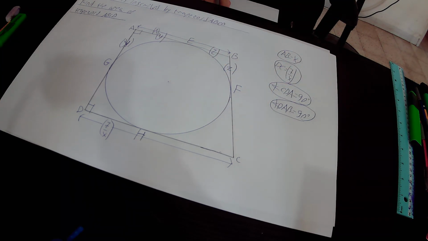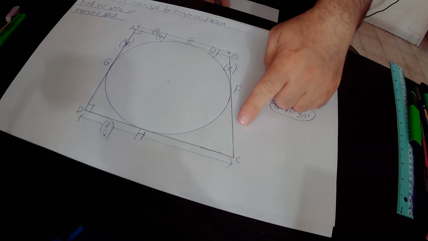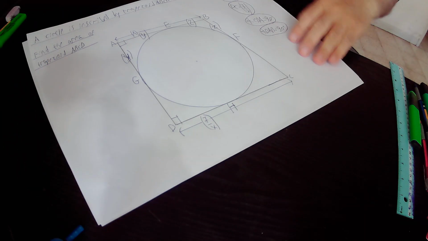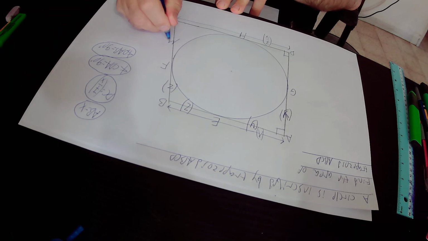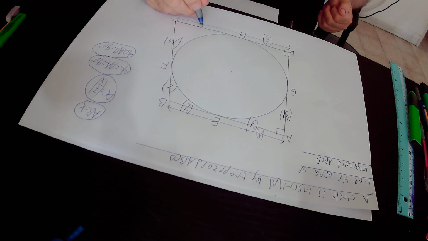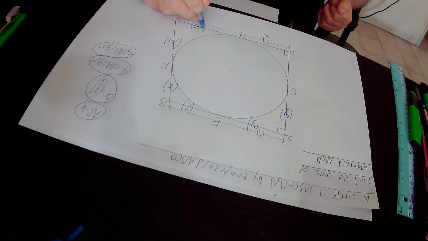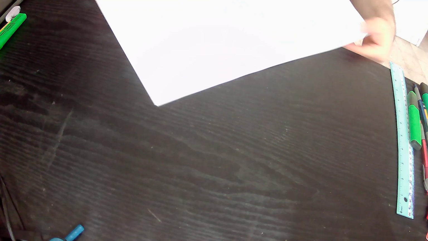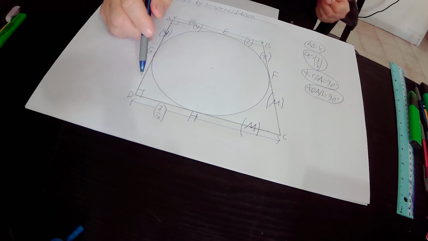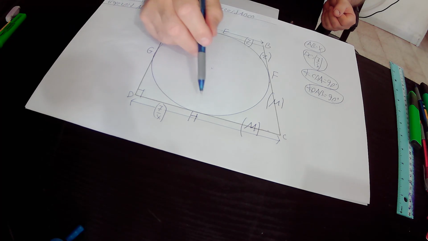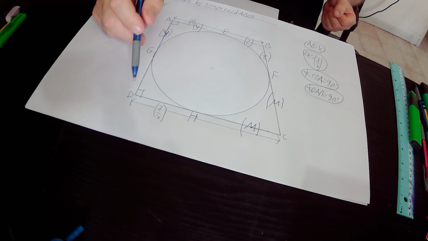So if we define the length of tangent CF as M, then the length of tangent CH must also equal M. And finally, we focus on this point D. From this point D, we have two tangents to this circle, tangent DH and tangent DG.